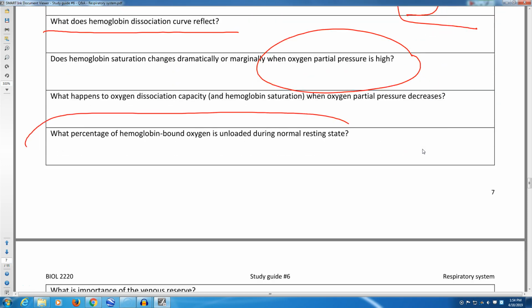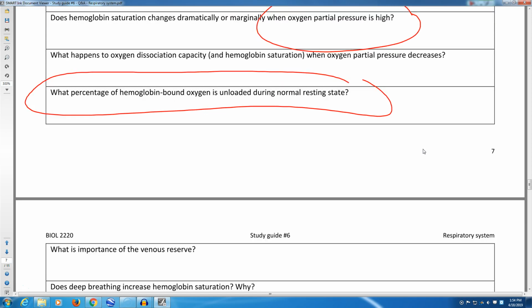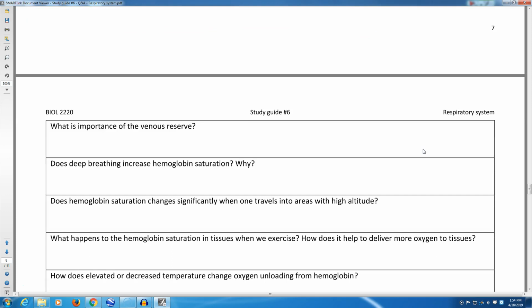During normal resting state, what percentage is unloaded? 25, yeah. What's the importance of venous reserve? It's the remaining oxygen that is bound to hemoglobin. What's the importance?